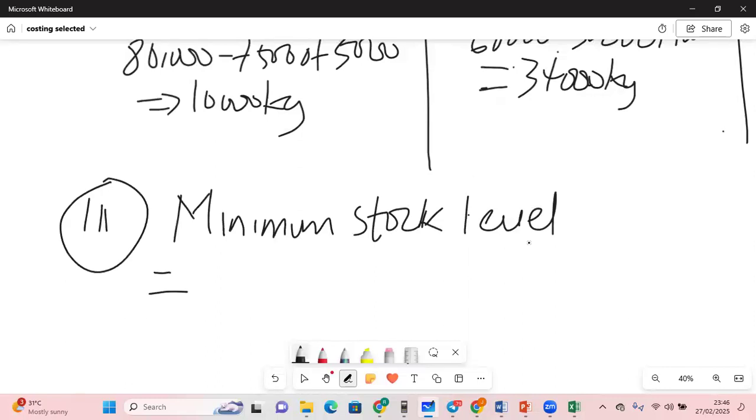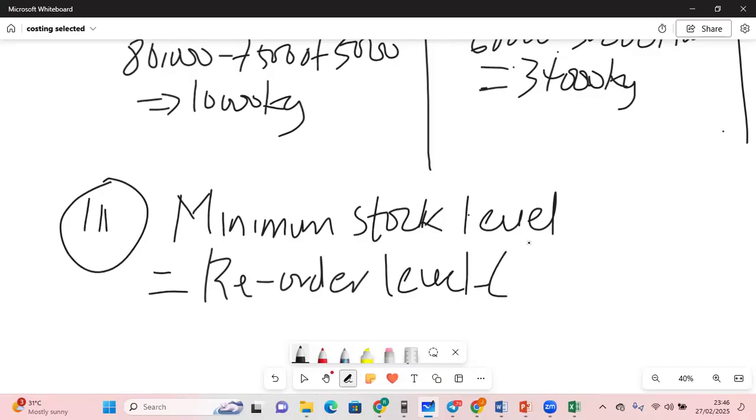Minimum stock level is reorder level minus, in brackets, average usage times average lead time.